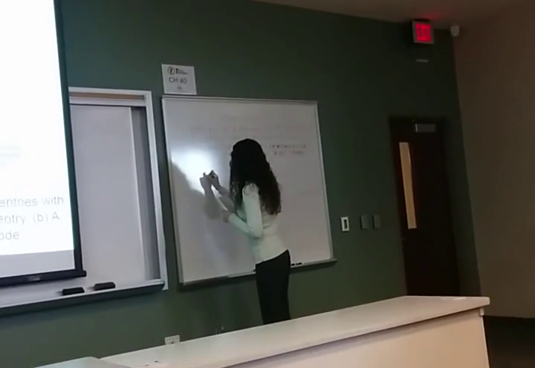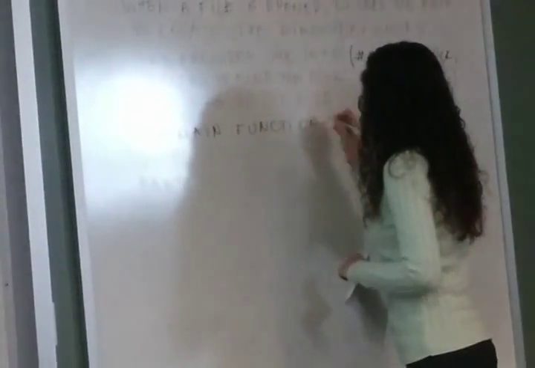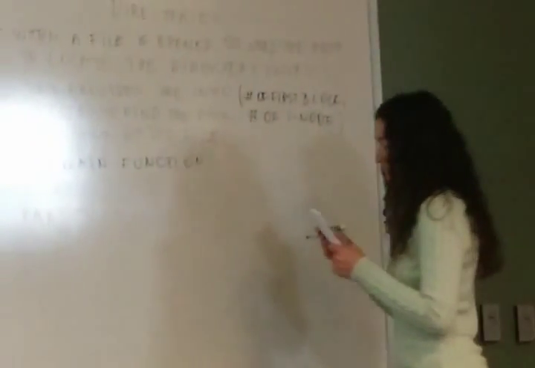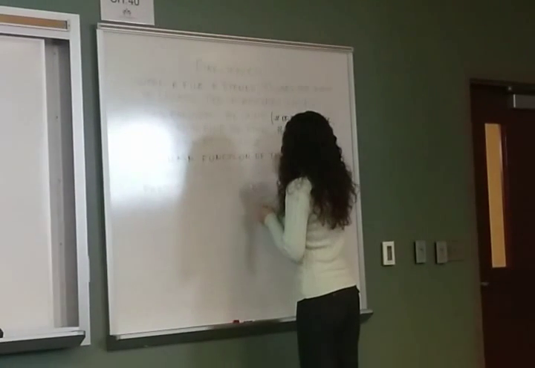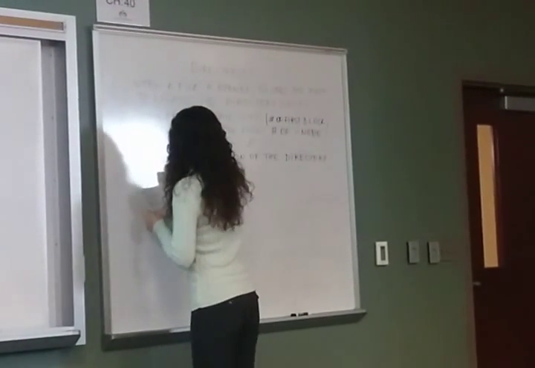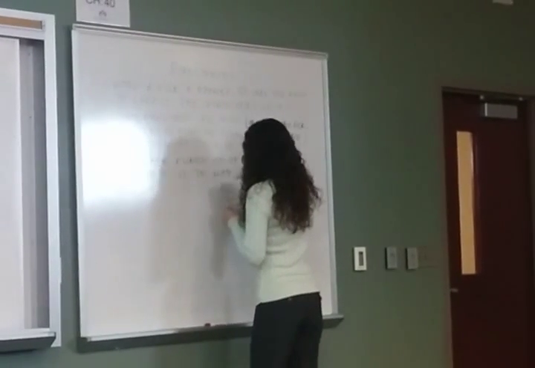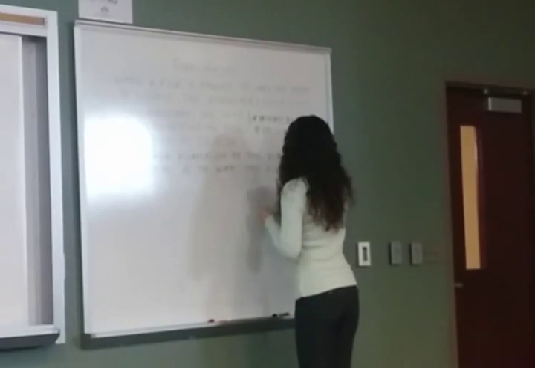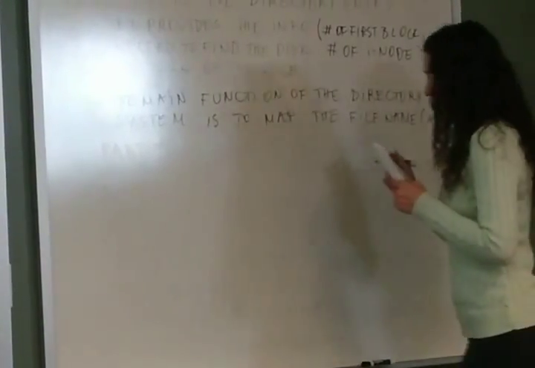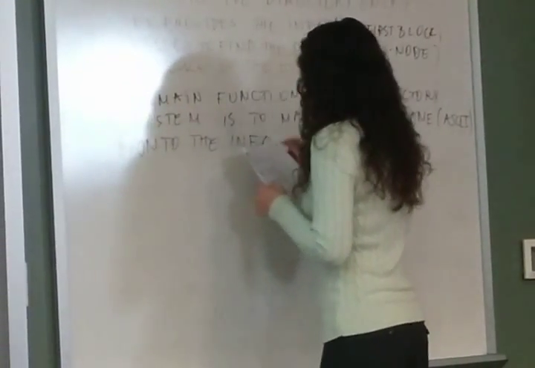So the main function of the directory system is to locate the information that is needed to find the disk blocks for the particular file. So it maps the file name, which is usually in English text or ASCII, onto the information needed to locate the disk blocks.